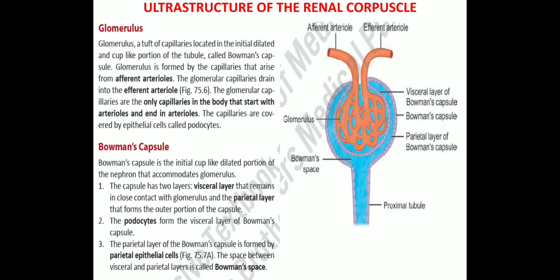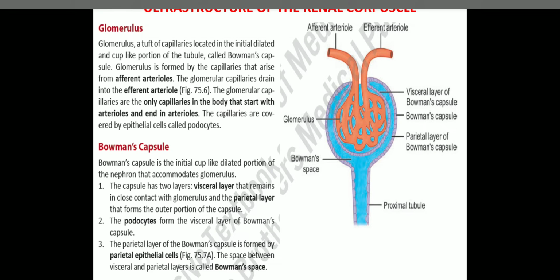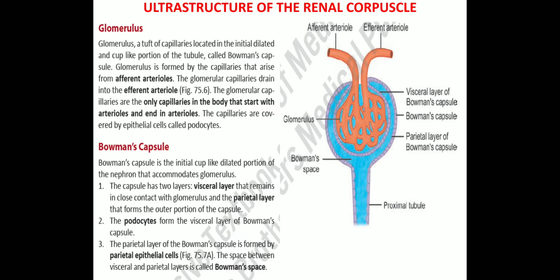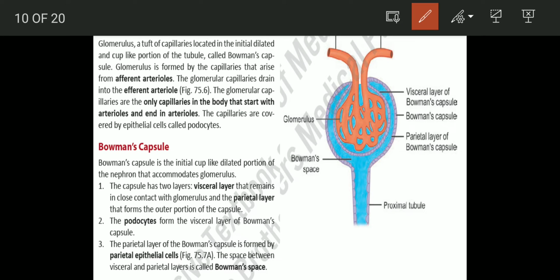Before we proceed, we'll also be discussing the ultrastructure of the renal corpuscle. If we see here, you can see the afferent arteriole, the efferent arteriole, the glomerulus. Then there is the Bowman's capsule, the visceral layer of the Bowman's capsule, and the parietal layer. So remember that the Bowman's capsule has two layers.